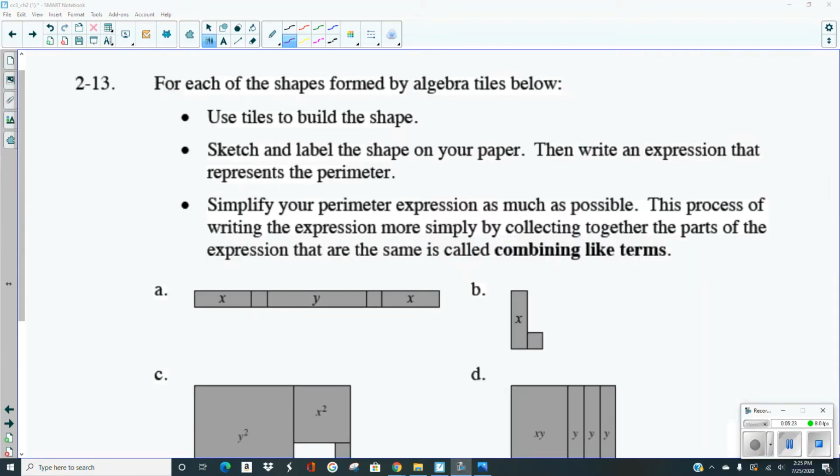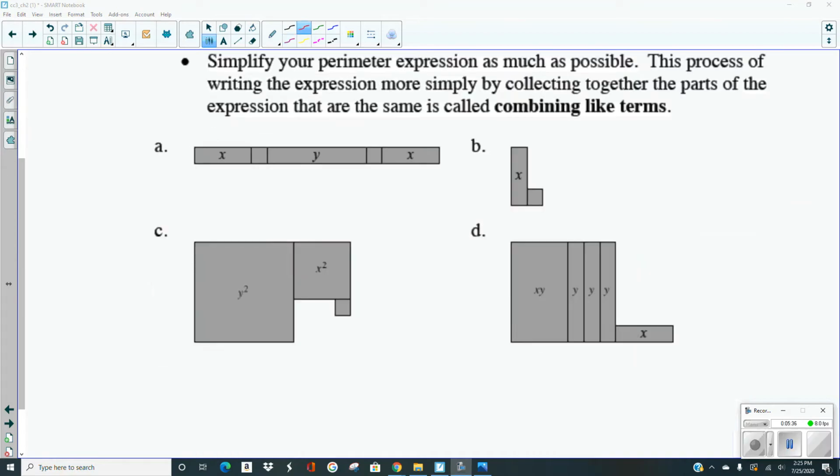Moving on to problem 2-13, go ahead and pause the video to read the bullet points and to sketch A through D. You should have read that for each problem A through D, we are going to simplify its perimeter expression as much as possible by combining like terms.